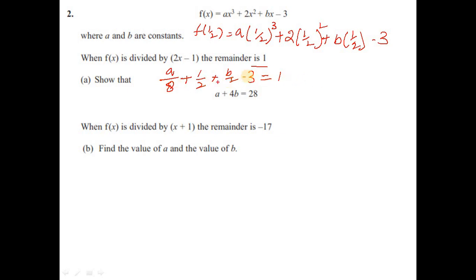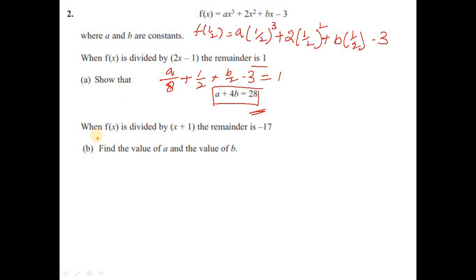And now if you take the LCM, or if you simplify this, you get a plus 4b is equal to 28. You just need to simplify this. Just rearrange and simplify, then you have your answer.